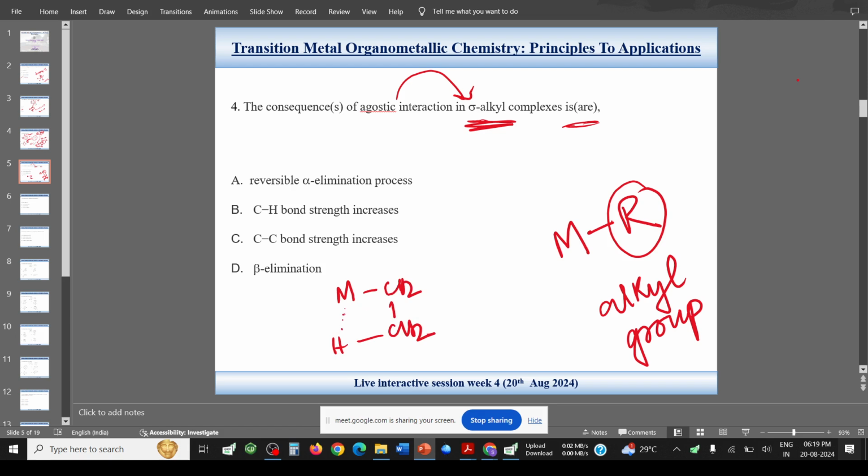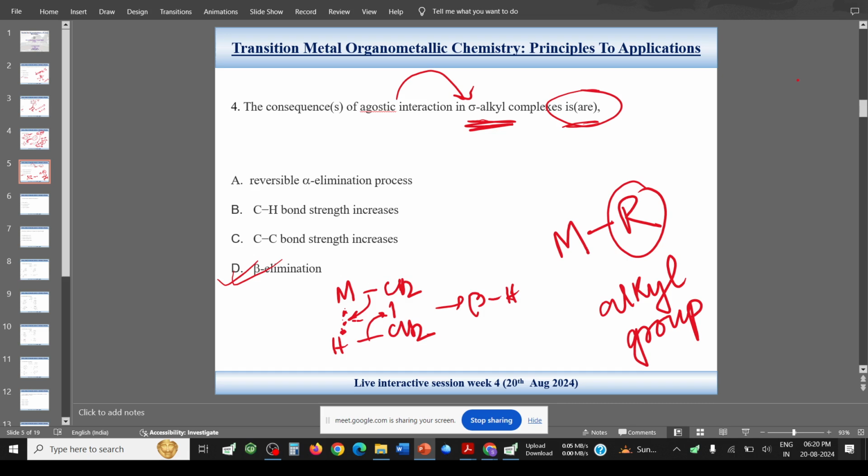This is a kind of metal to hydrogen agostic interaction, and for this interaction what will happen is the elimination of alkene, beta elimination. That will lead to the beta hydride elimination. So that is one answer for this question, but this question has multiple answers. So beta elimination is one of the answers for this question.